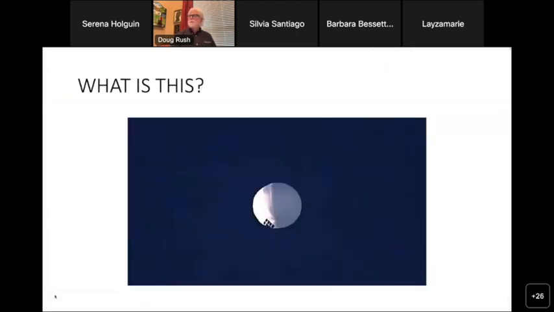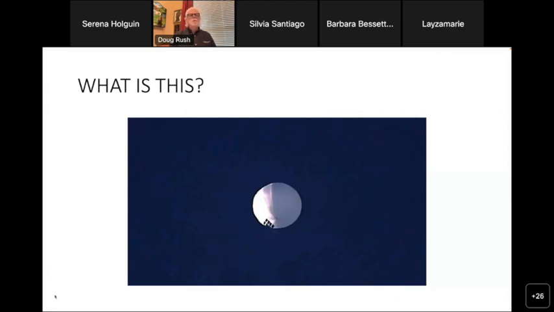Okay, I think I've switched to the next slide here, and I think many of you can recognize this picture. They say a picture says 1,000 words, but what do we see here? I think most everybody by now has seen this object in our skies for about three weeks.